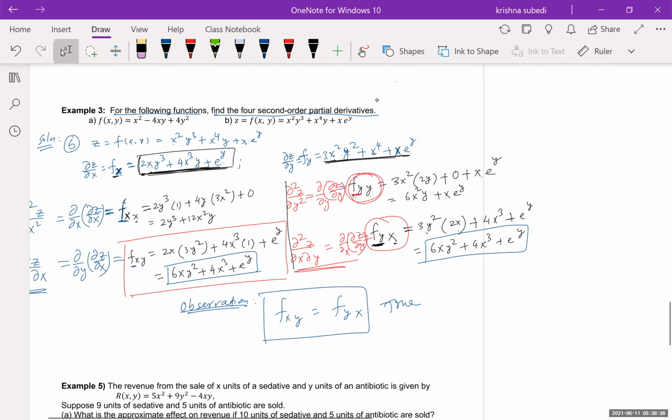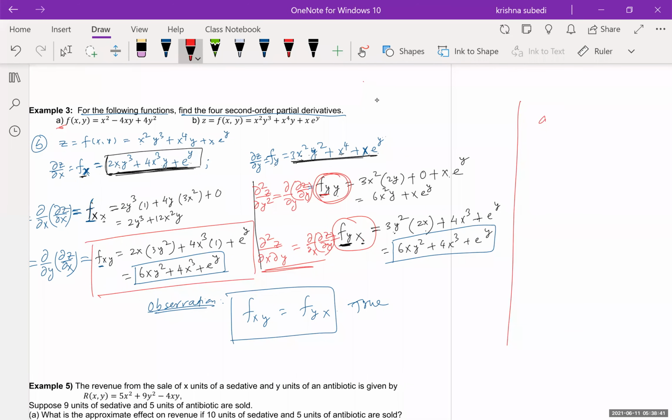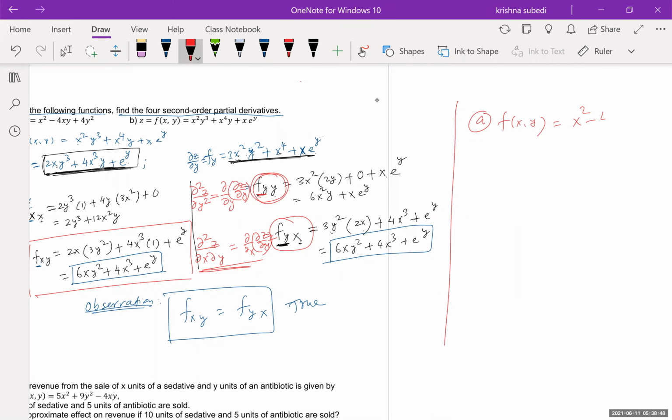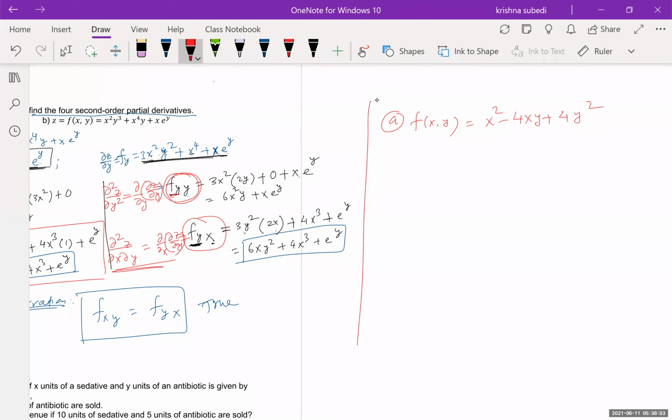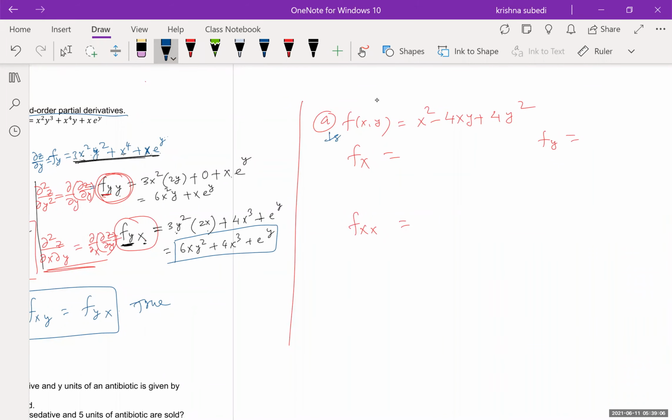So do you want to try this example 3 part A just for fun? I want you to find f sub x, f sub y. I want you to find f sub xx. This is the first order, first order, and also second order.